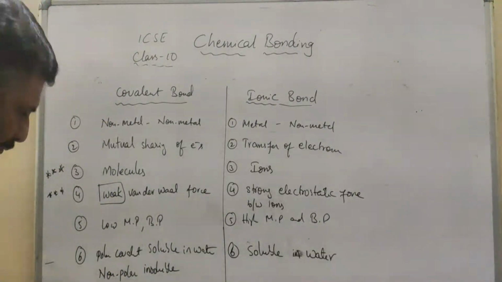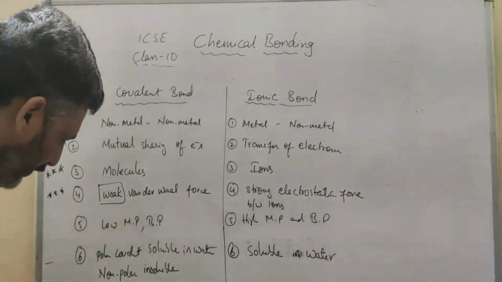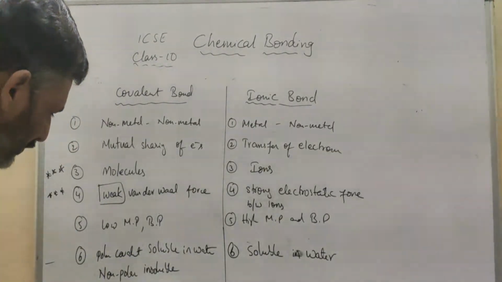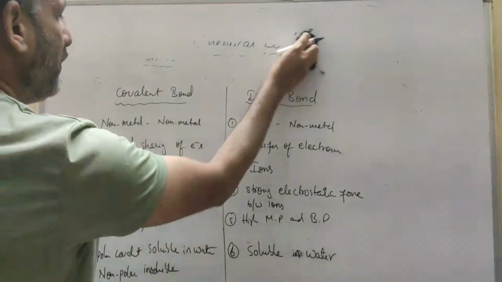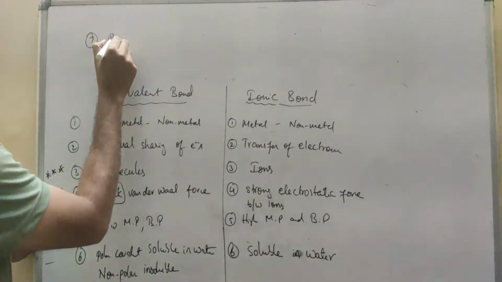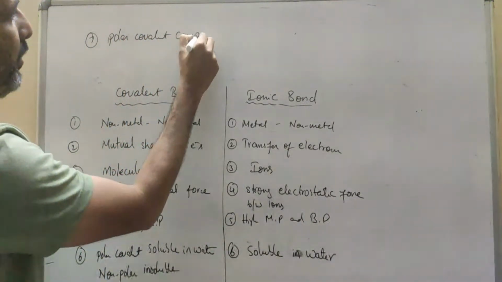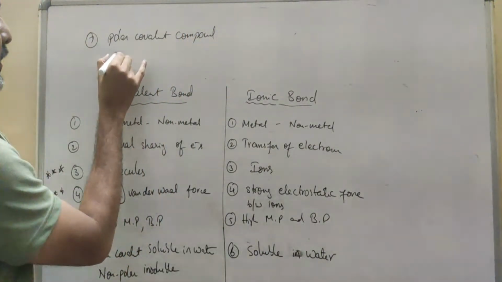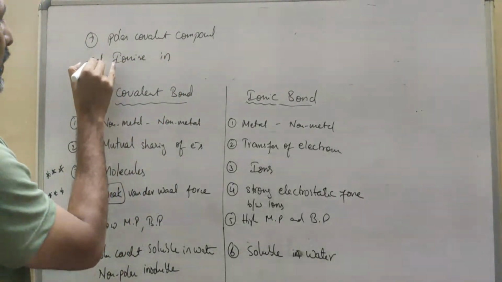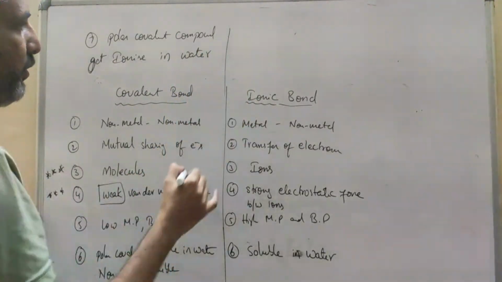And when we are talking about covalent compounds, we are talking about polar covalent. When you take polar covalent compounds, they get ionized in their aqueous solution, means in water.